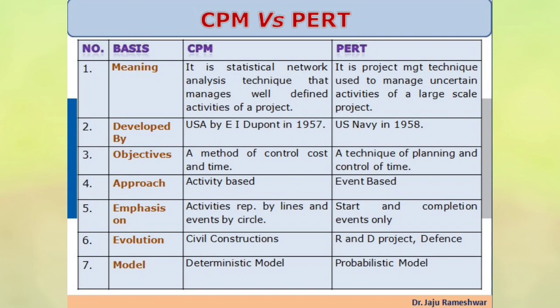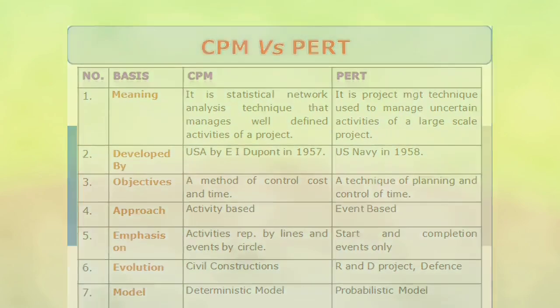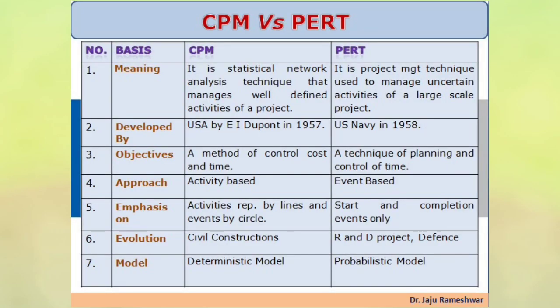The model of CPM is a deterministic model where certainty is known, whereas PERT is a probabilistic model where it is uncertain in nature. The estimate for CPM is a one-time estimate, whereas PERT uses three-time estimates. It typically includes optimistic, pessimistic, and most likely approaches.